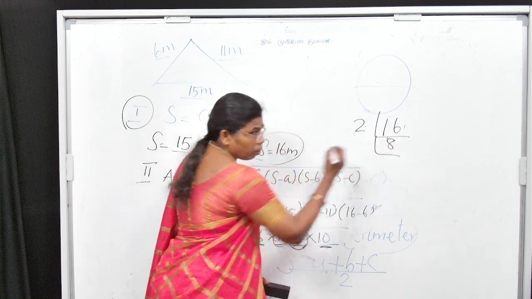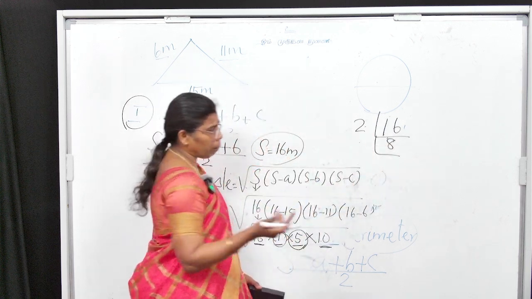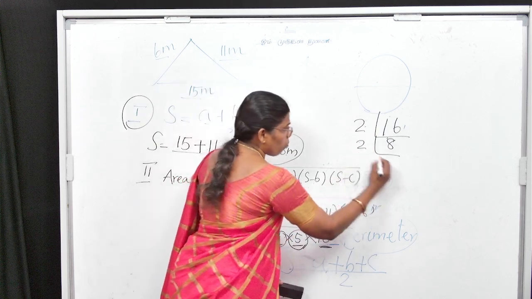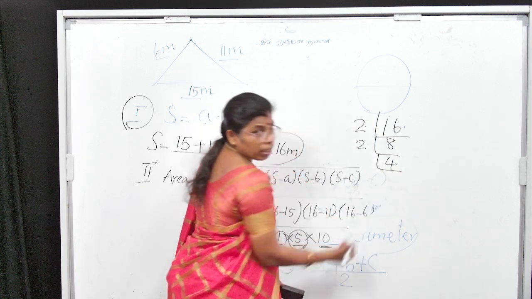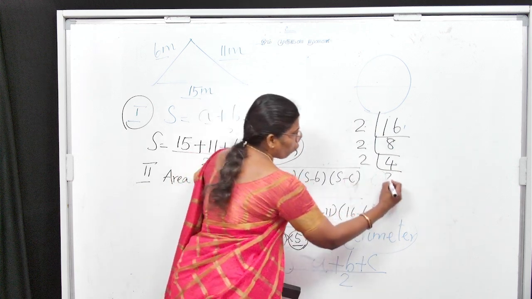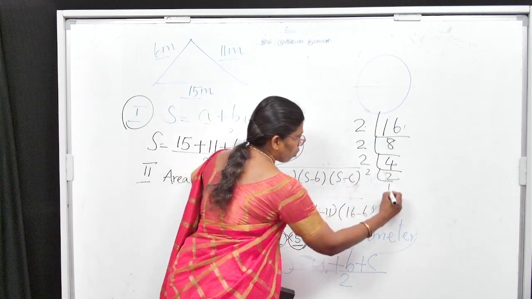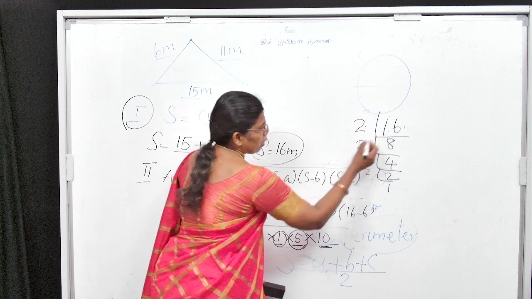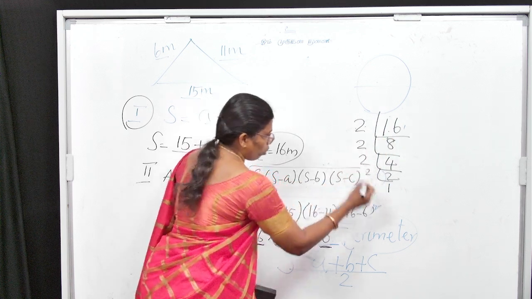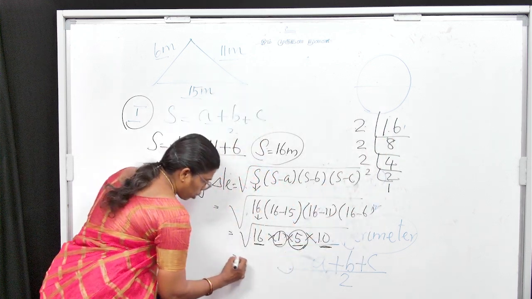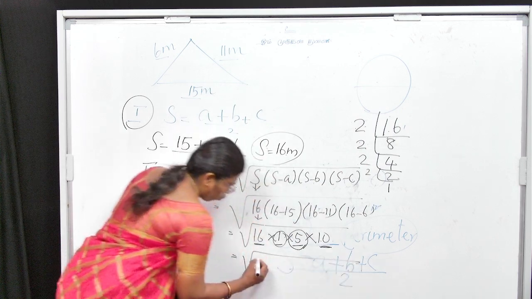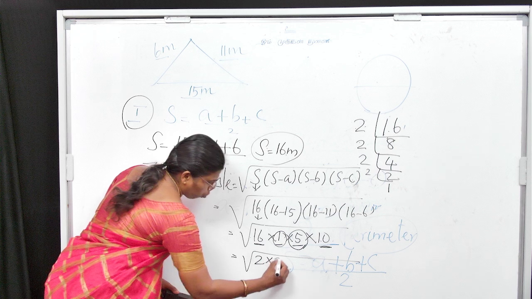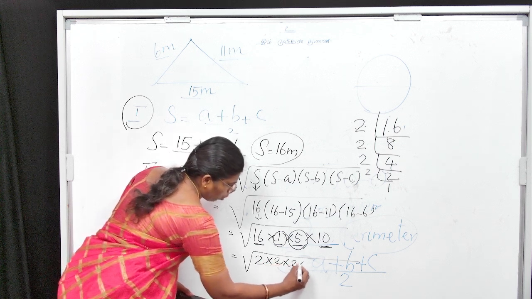Shall I take the 8 table? No, because 8 is not a prime number. Again let me take 2. 2 4s are 8, 2 2s are 4, and 2 1s are 2. You should stop once you get 1. So 16 is nothing but 2 into 2 into 2 into 2, 4 times. So which is equal to 2 into 2 into 2 into 2.